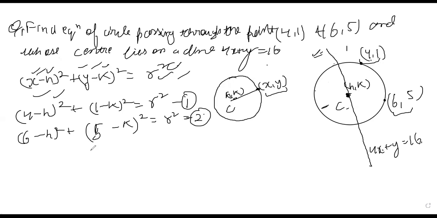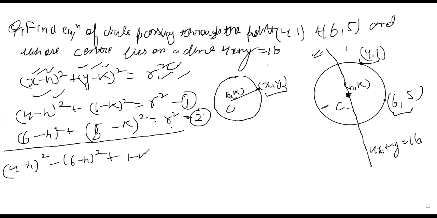Okay, so can we subtract both these equations? Yeah. So 4 minus h whole square minus 6 minus h whole square plus 1 minus k whole square minus 5 minus k whole square equals to 0, because r square minus r square is 0.